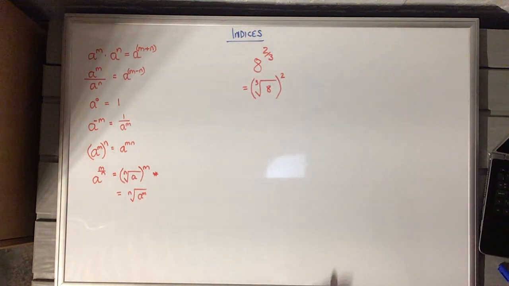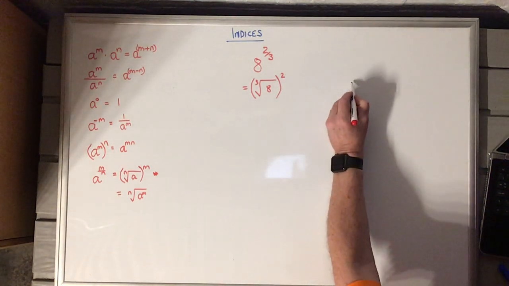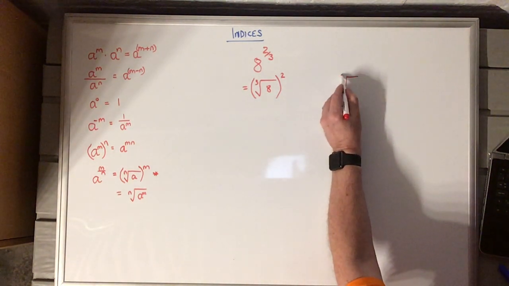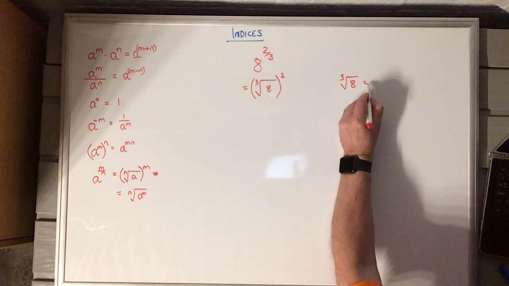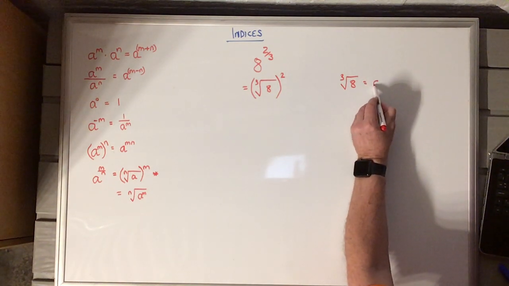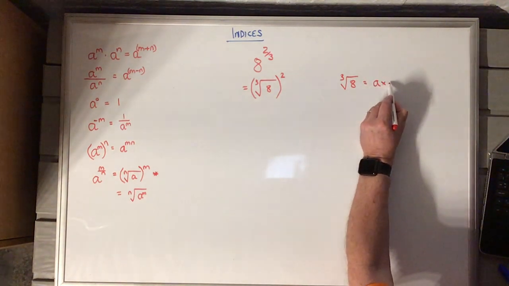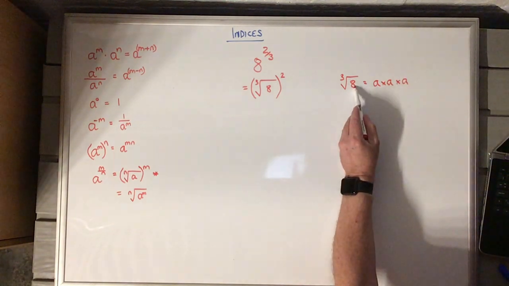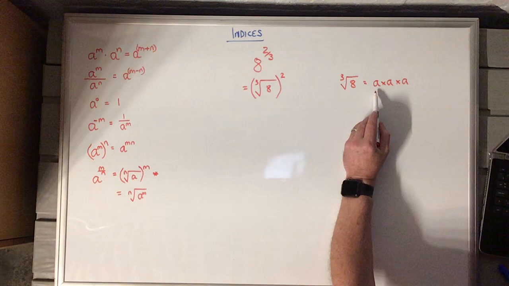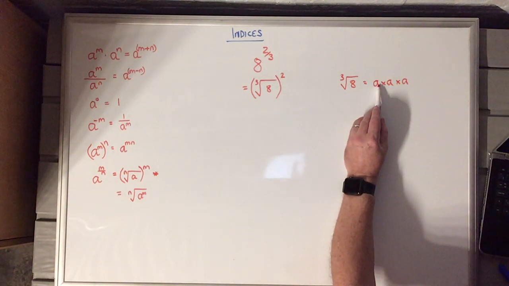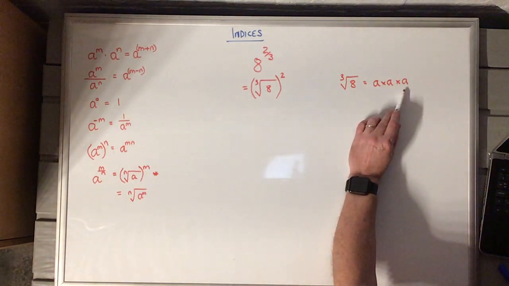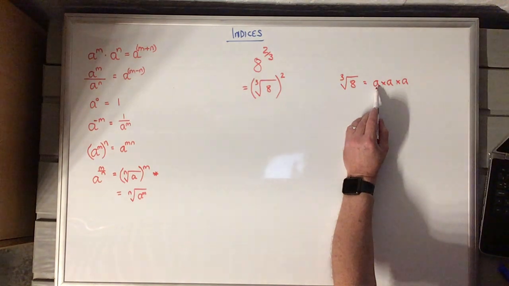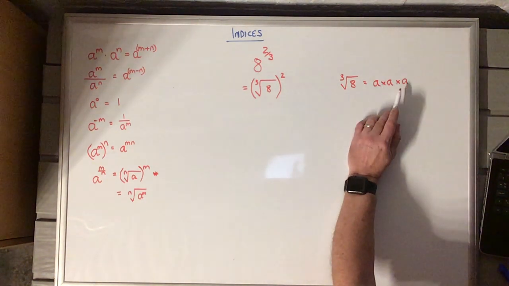Now what does the cube root mean? I'm just going to put a wee bit over here just to show you. Cube root of 8 means some number, we'll just call it a, times itself 3 times must give me the value of 8. So if we start at 1, 1 times 1 times 1 just gives me 1, and go to 2, 2 times 2 is 4, times another 2 is 8.